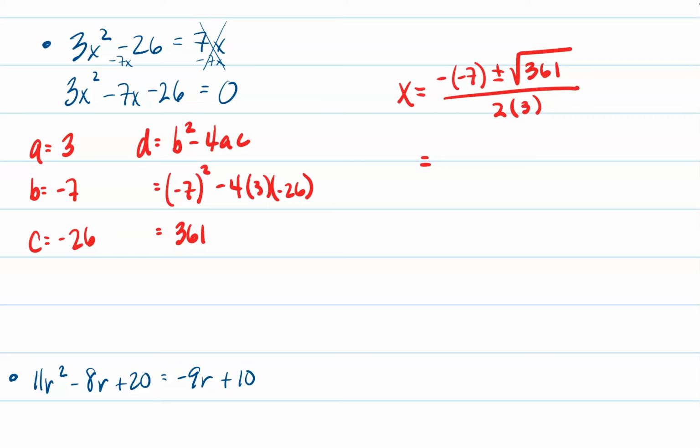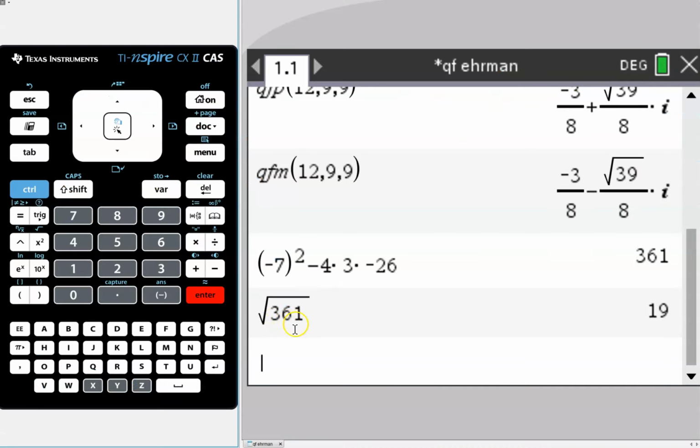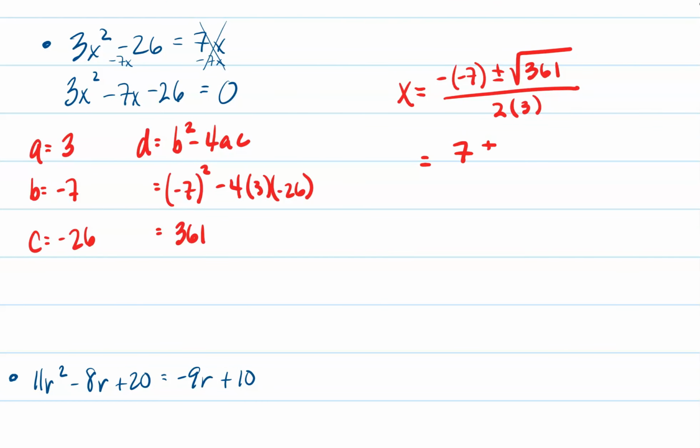When simplified, this double negative turns into a positive number, so positive 7. The square root of 361 ended up being really nice. That's 19. Negative 7 plus and minus 19, because that's the square root of 361, and all of that divided by 6, because that's 2 times 3.